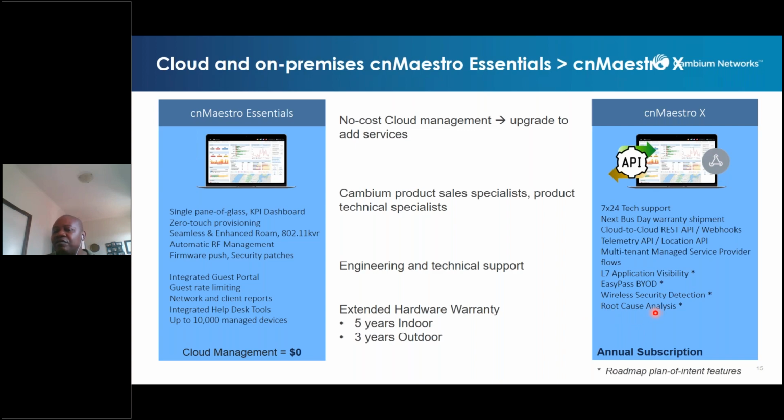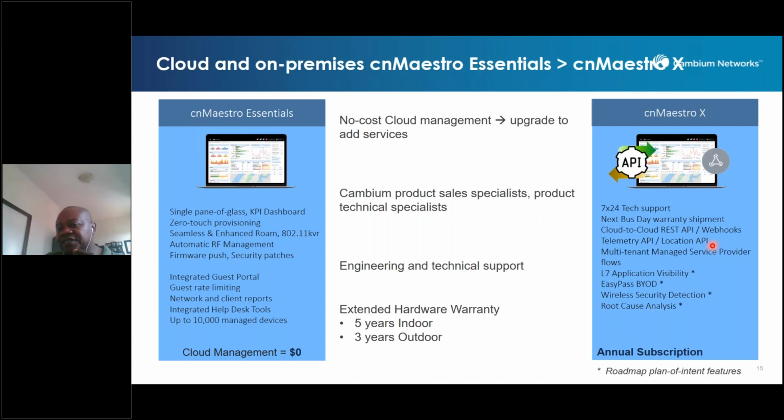This is the beginning of bringing in some artificial intelligence into the CN Maestro, but it will only be in the CN Maestro X, where behind the scenes, there'll be algorithms which will be able to see what is happening in your network and flag to you to say, oh, in another 2-3 weeks, a month, the way you are adding, the way your network is going, there'll be a bottleneck over there and such things.